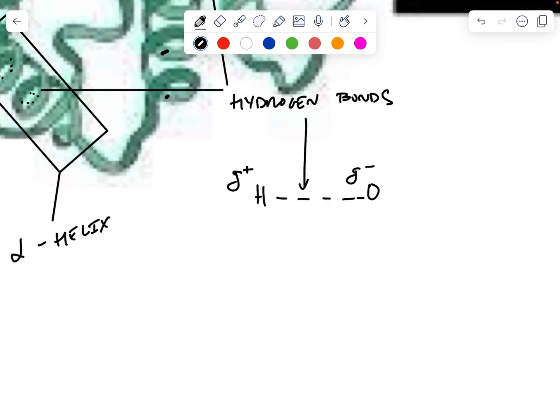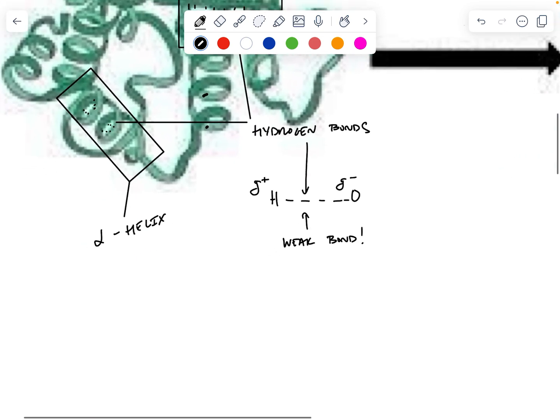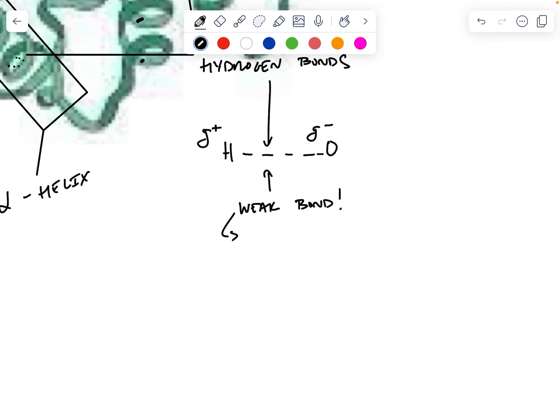This is a relatively weak bond, and it can break if it's disrupted.